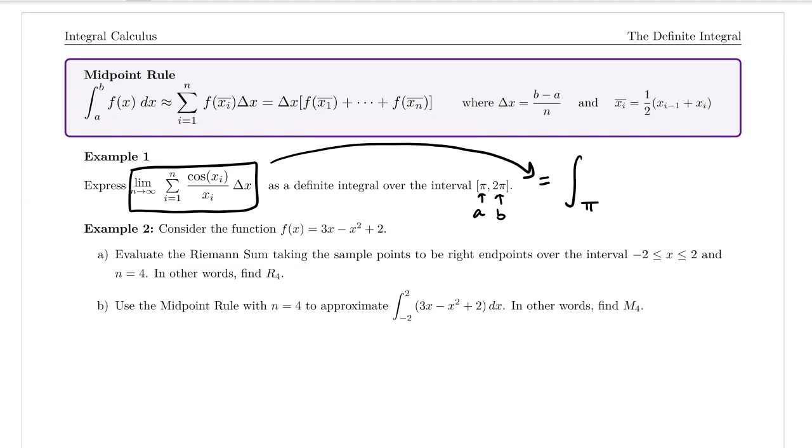So we have the definite integral from pi to 2 pi of, instead of using x sub i, we're just going to change it to x. So we have cosine of x over x. And then what happens is, as delta x gets smaller and smaller, when we're taking the limit as n approaches infinity, we know from calculus 1 that delta x and dx are the same. And so this is our definite integral.